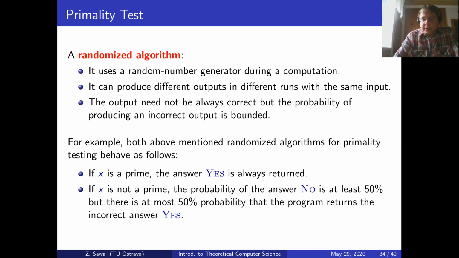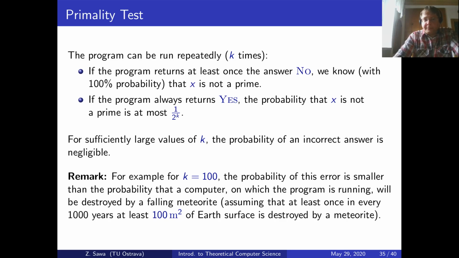The probability of this is at most 1/2. So it may still seem rather weird why something like this could be used, how it could be useful, because 50% probability of error is rather high. But the important idea is that we can decrease the probability of error arbitrarily by repeating the algorithm several times.